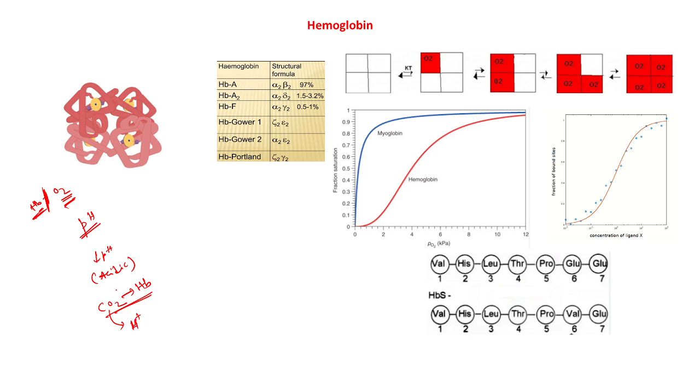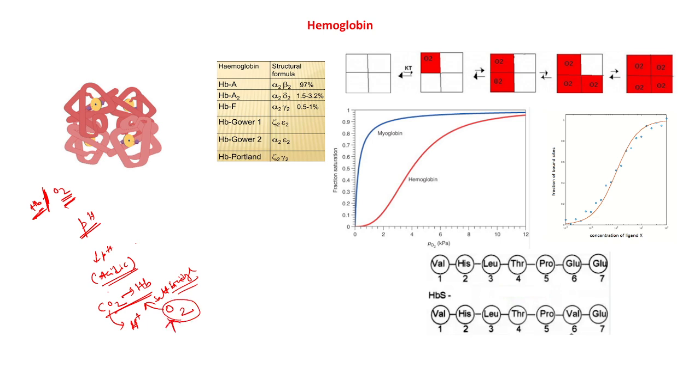So that's why in low pH or acidic condition, the carbon dioxide binds to the hemoglobin. That means in that case the oxygen has to disrupt this salt bridge. So that means more oxygen concentration is needed.